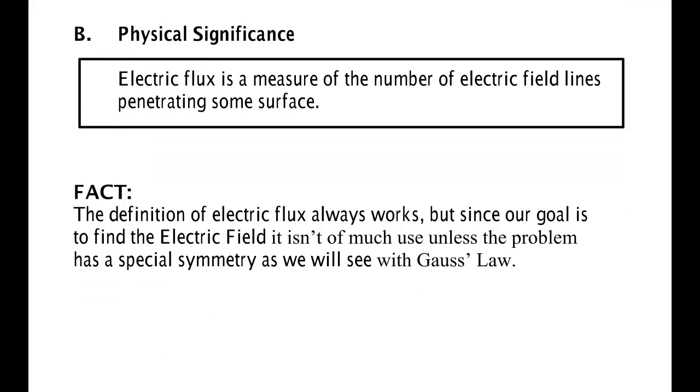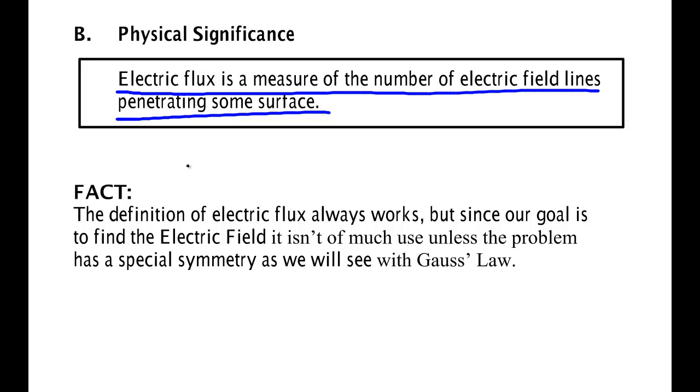Electric flux is a measure of the number of electric field lines penetrating some surface. Now, I didn't say it's exactly equal to the number. It depends on some constants. So maybe, for instance, one field line represents 10 to the 9th flux. It depends on how many field lines you're drawing for each coulomb of charge. Did you draw 27 for a coulomb of charge? Did you draw 3? All right, but it's proportional to it.